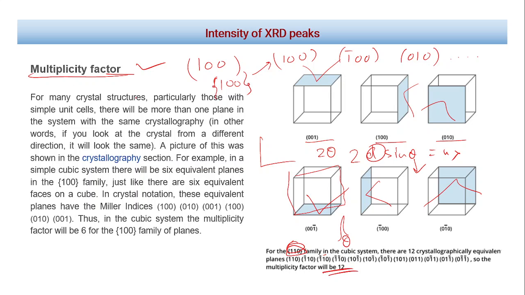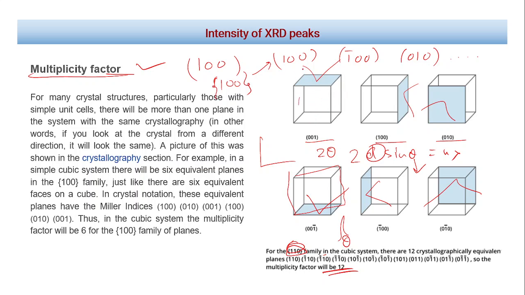So for many crystal structures, particularly those with simple unit cells, there will be more than one plane in the system with the same crystallography. In other words, if you look at the crystal from a different direction, it will look the same. This is what I'm saying. Because it's a cubic unit cell, it's symmetric, and all these 6 faces are the same.